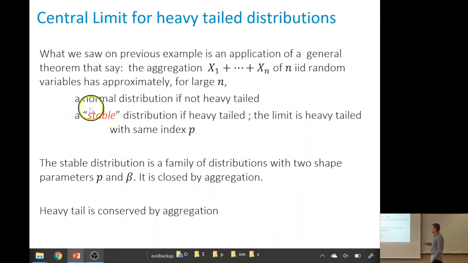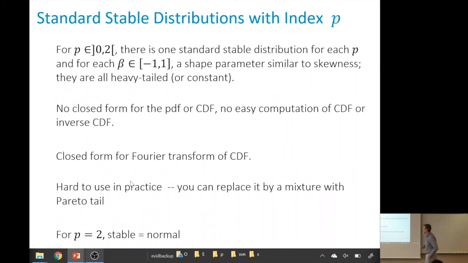The stable distribution is the thing that it converges to. What is the stable distribution? It's the name. It's not a distribution that is stable. It's a proper noun. A stable distribution is a family of distributions that has two shape parameters, p and beta. For every value of p, the power law exponent, there is one stable distribution that has also a skewness parameter, beta, something that defines how slanted it is.